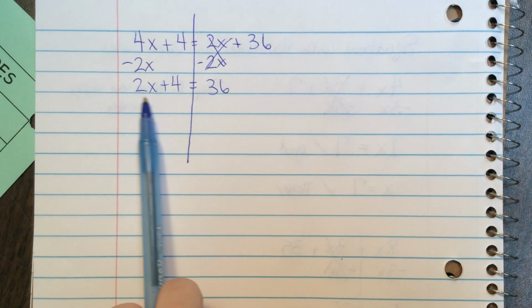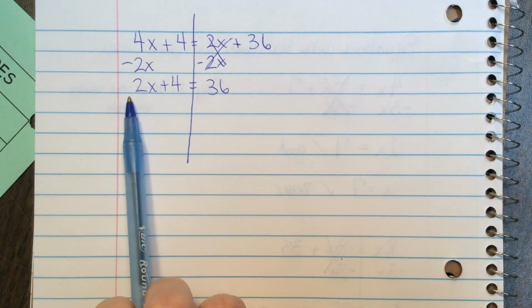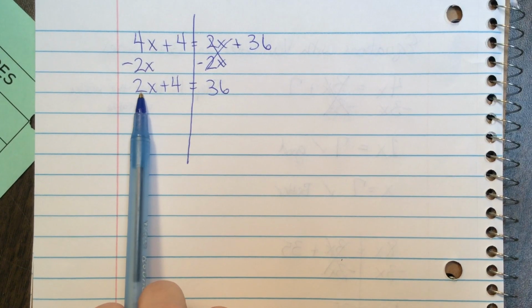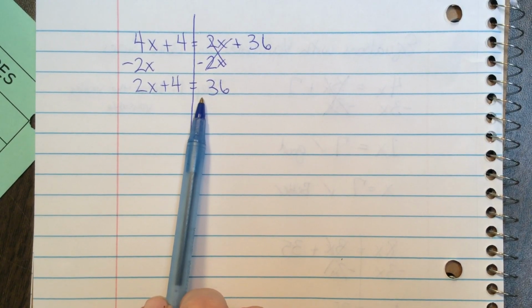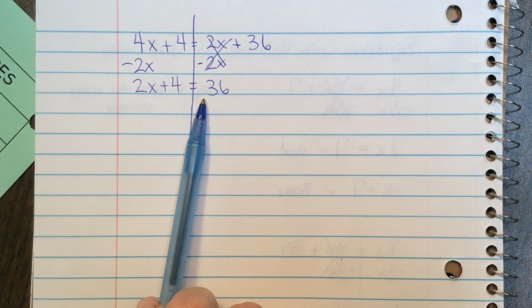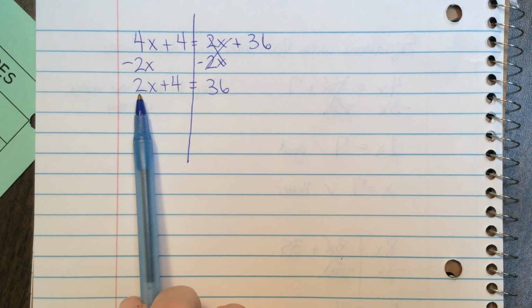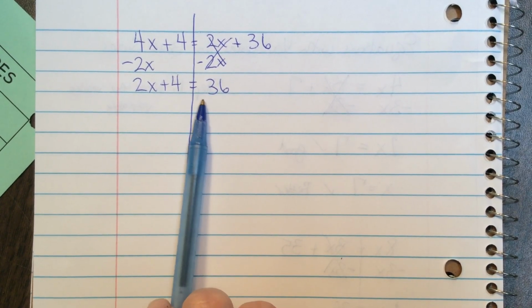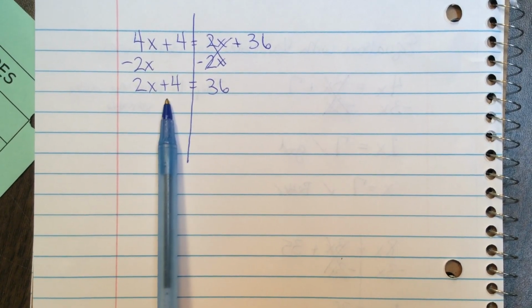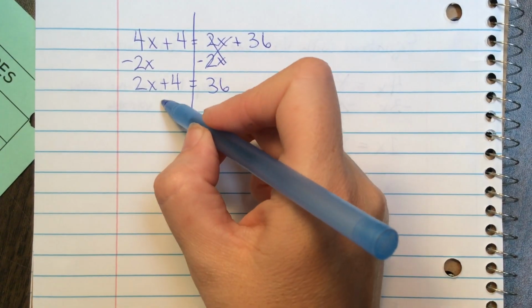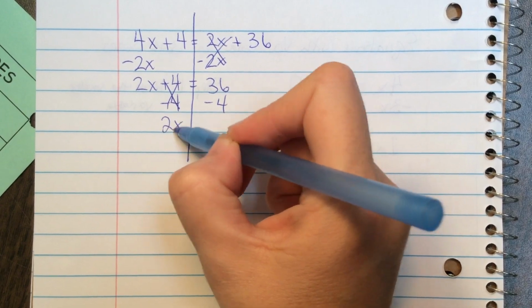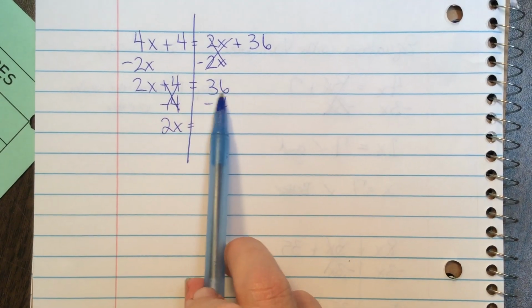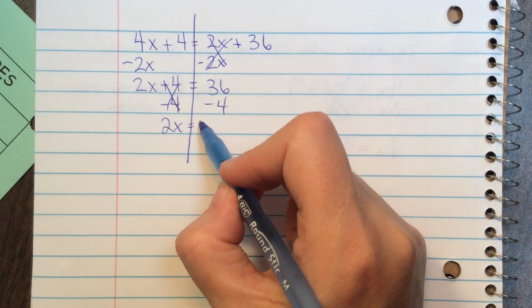Notice that what I have now is just a two-step equation. If you read this aloud, it says 2x plus 4 equals 36, which is what we just did. We're good at these. We're going to subtract 4 from both sides. 36 minus 4 is 32.